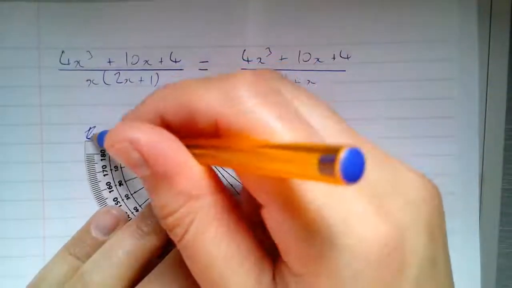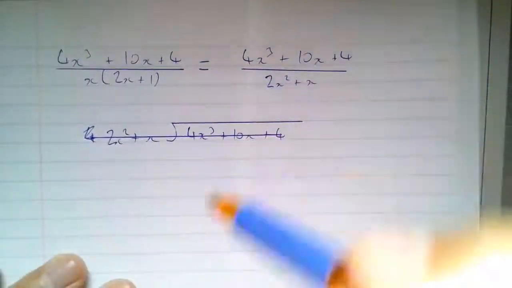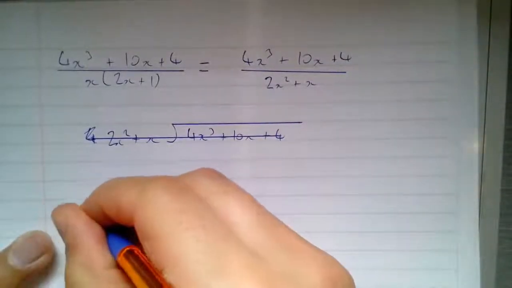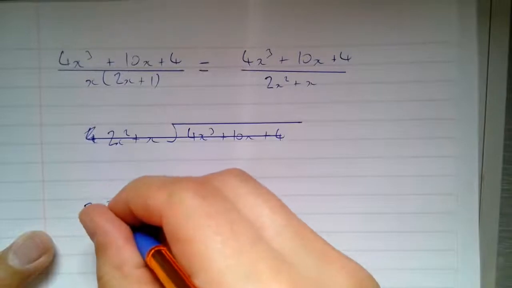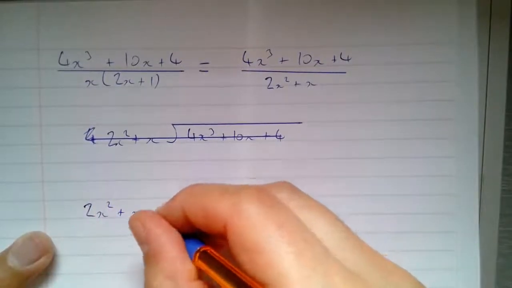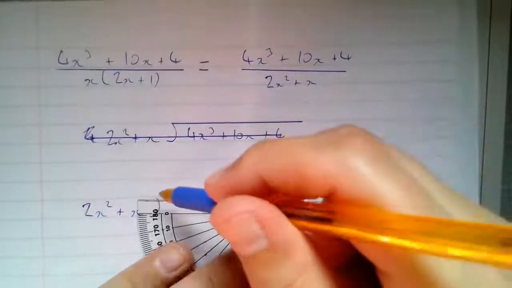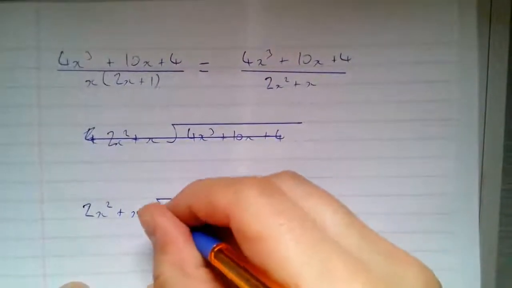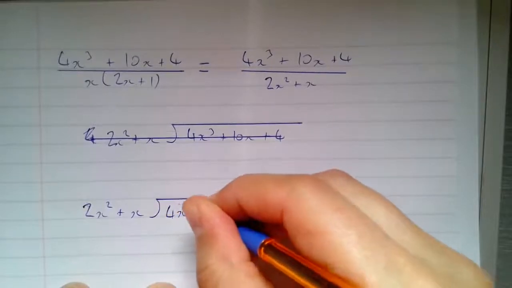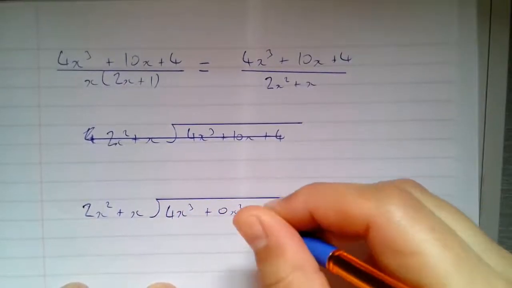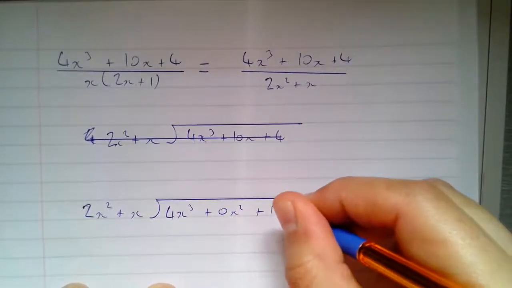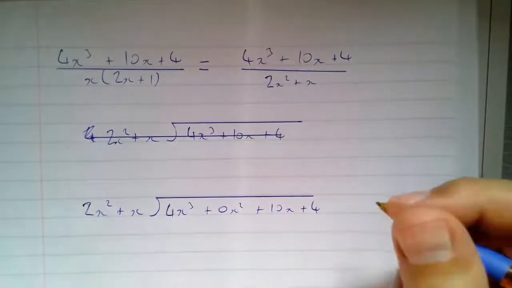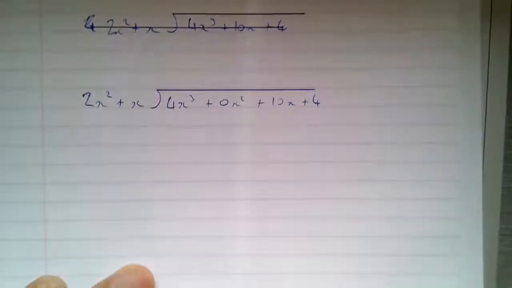So I'm going to start again, but make a slight adjustment, because that's going to cause me an issue in a moment if I don't deal with the fact that there's no x squared term. So I've got 4x cubed plus 0x squared plus 10x plus 4. You'll see in a second why I've done this.